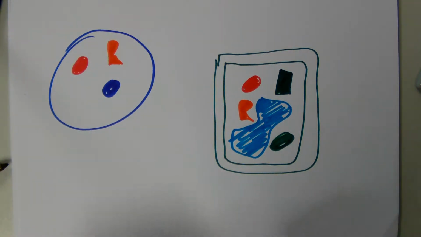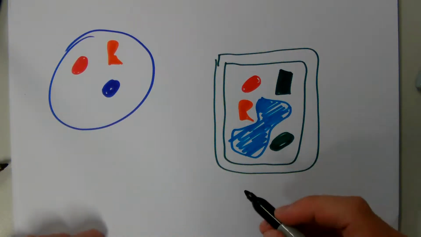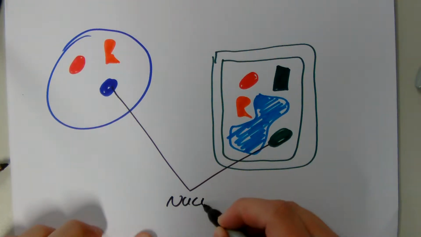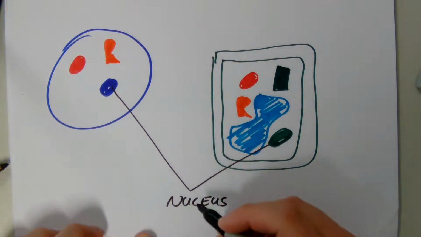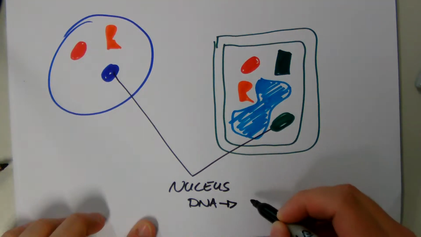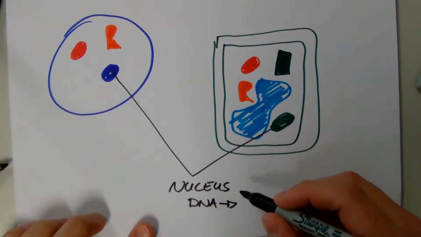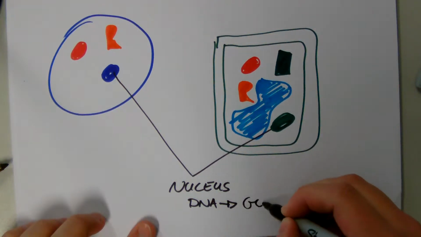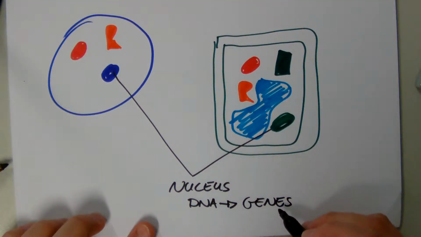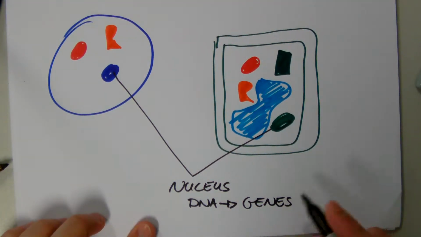Right, into a little bit more detail then. I'll start off with the nucleus. My nucleus is where my DNA is, and my DNA is made up of small portions called genes. Now, genes are small sections of DNA that code for specific proteins.